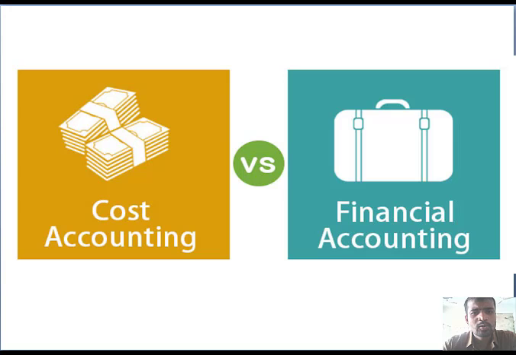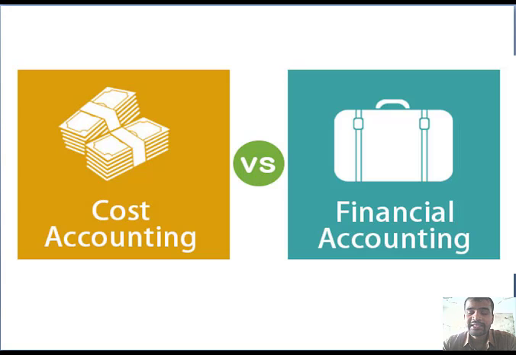Next, cost accounting. Cost accounting is a formal system of accounting, by means of which the cost of products and services is ascertained and controlled. This is one definition. According to CIMA UK, cost accounting is the process of accounting for cost from the point at which expenditure is incurred or committed to the establishment of its ultimate relationship with cost centres and cost units.